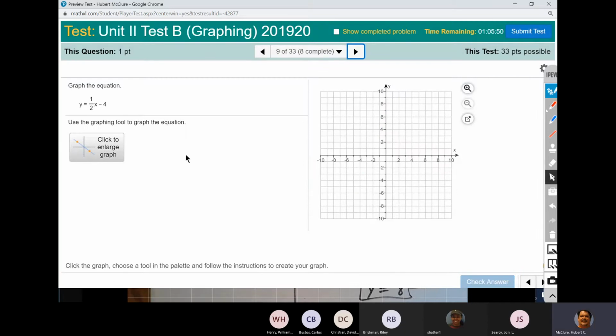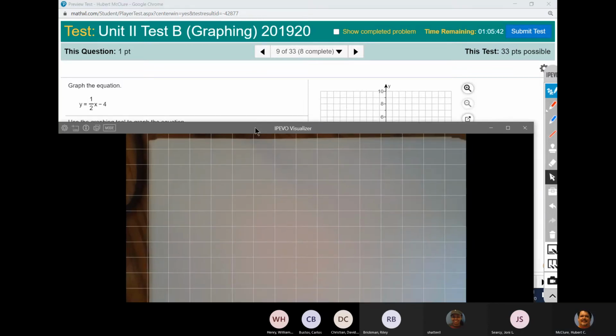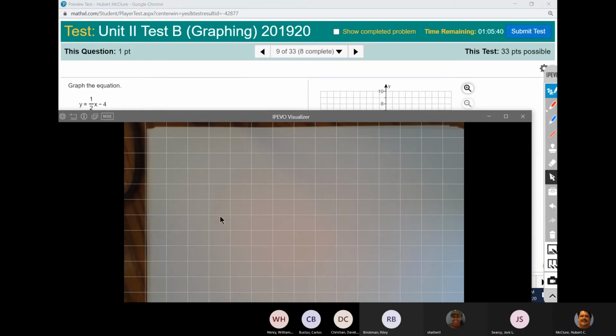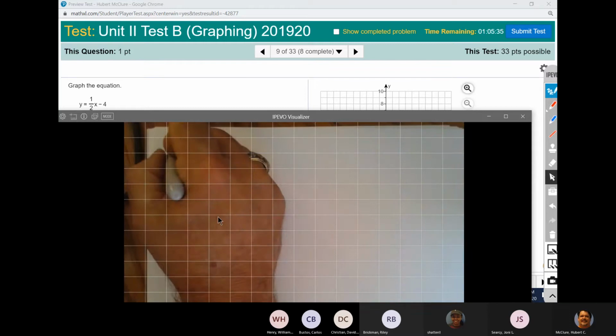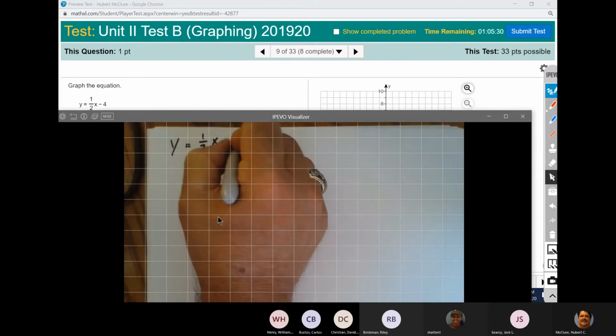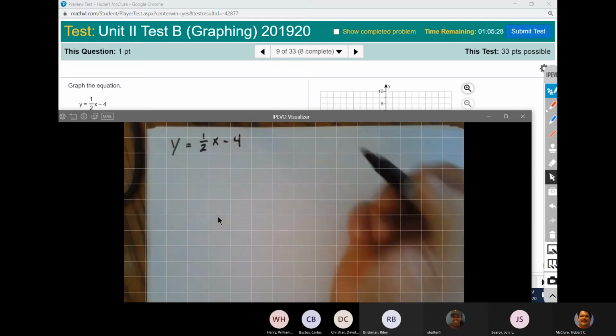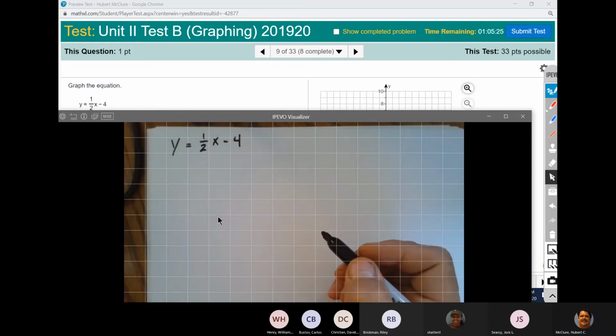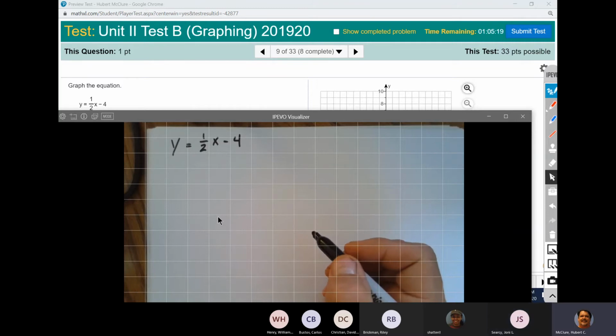Okay, any method? Which method? Three. You can use method 1 or method 3.